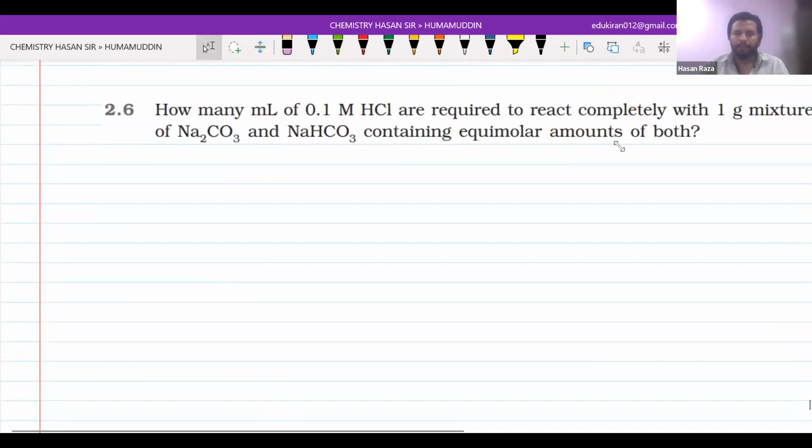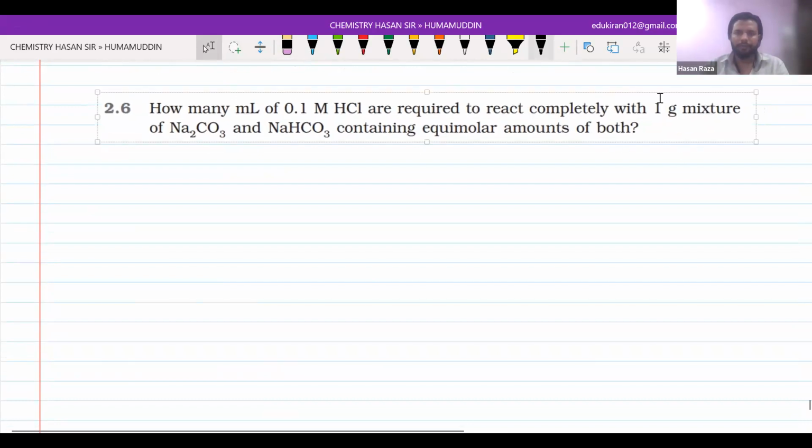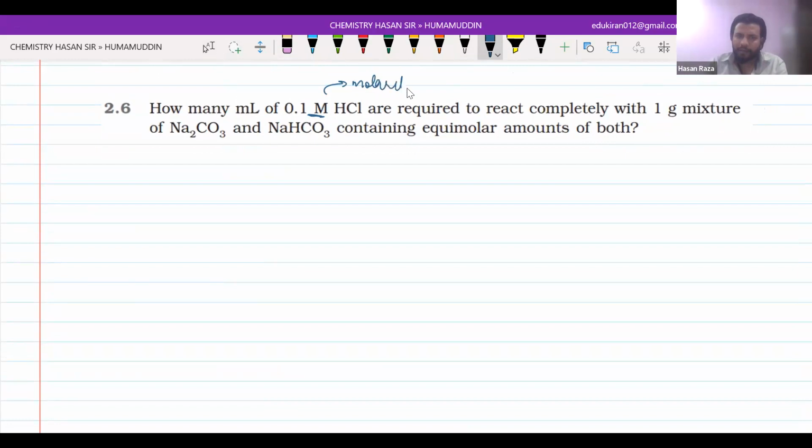So you can see in the question, how many ml of 0.1 M, capital M basically represents your molarity, are required to react completely with 1 gram mixture. That means there is a mixture of Na2CO3 and NaHCO3 which has a weight of 1 gram.